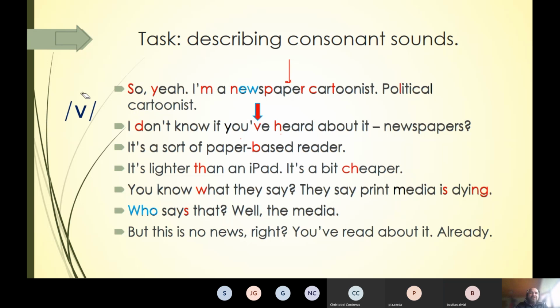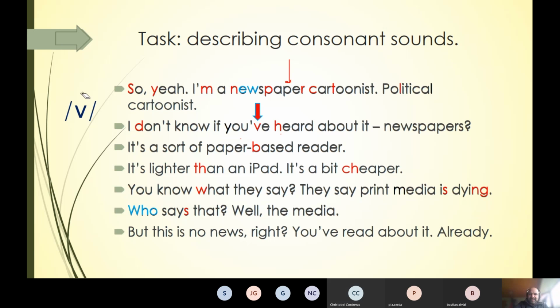The next one is v. If I say v, you can very easily tell that it is labiodental. Exactly, labiodental. You put the lower lip with the upper teeth.